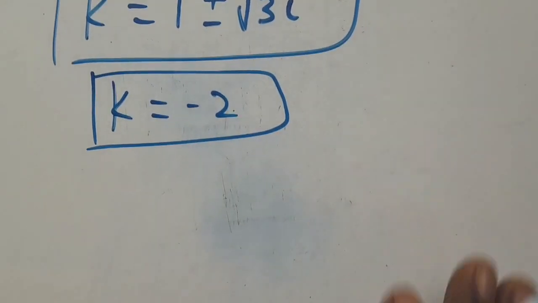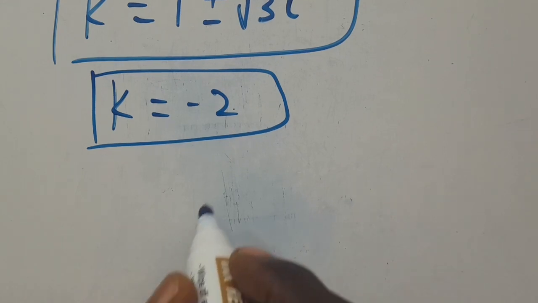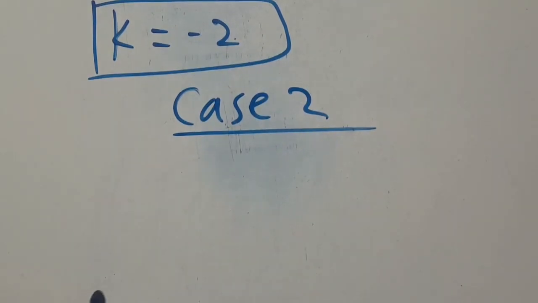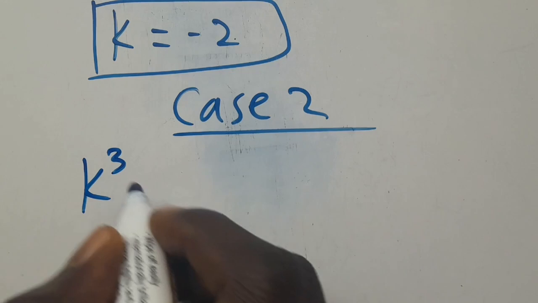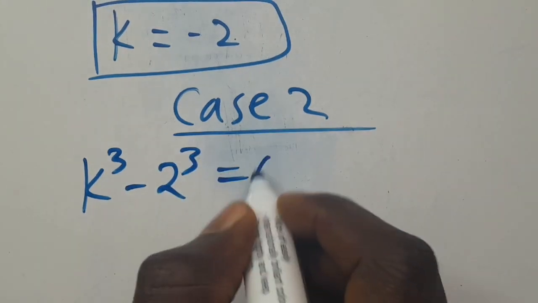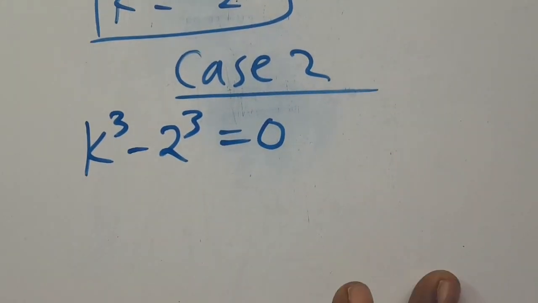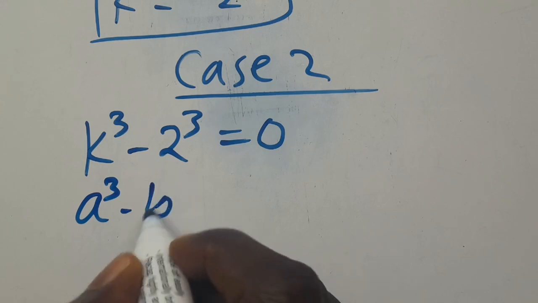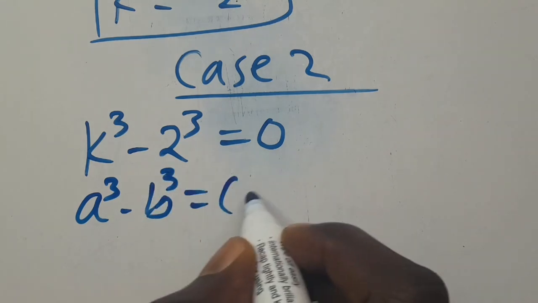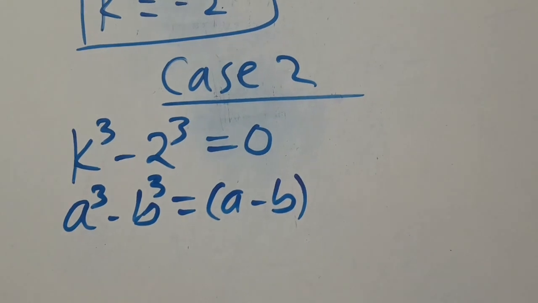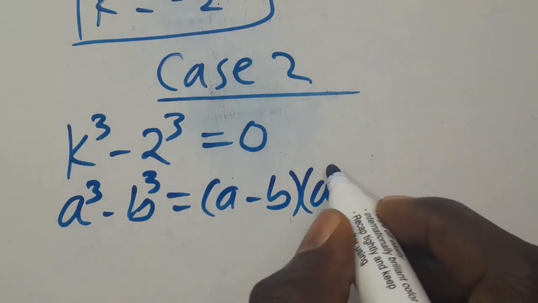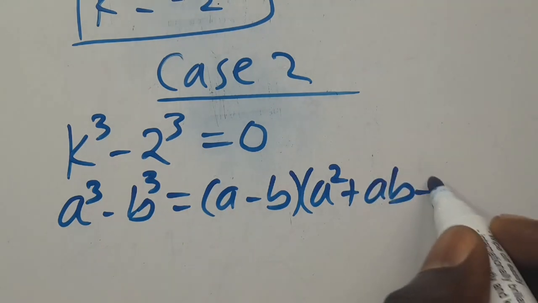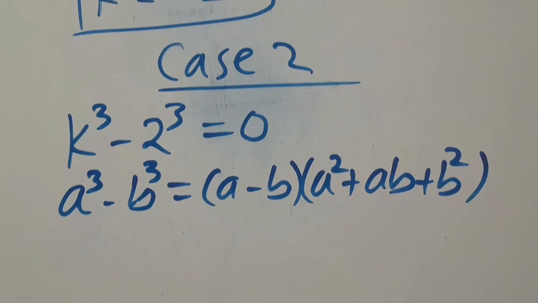Then let us also recall from case 2, where we have k to the power of 3 minus 2 to the power of 3 equals 0. Difference of two cubes. When you have a to the power of 3 minus b to the power of 3, we only have it to be a minus b, all in brackets, then multiply by a squared plus ab plus b squared.